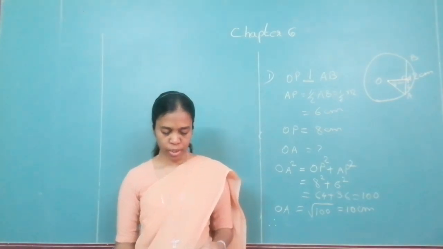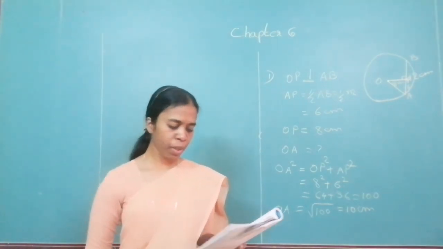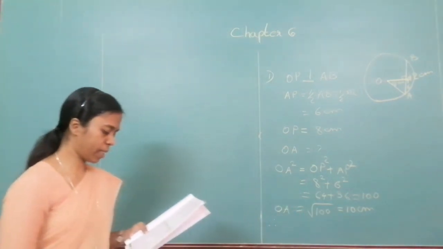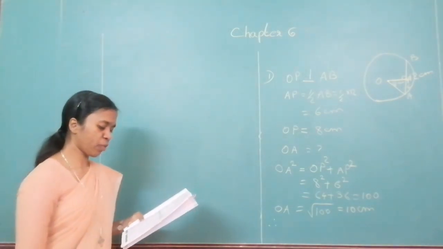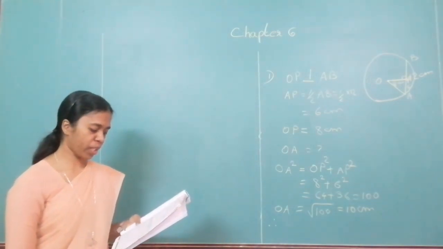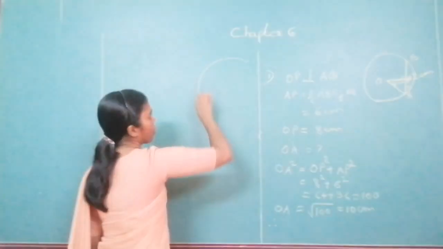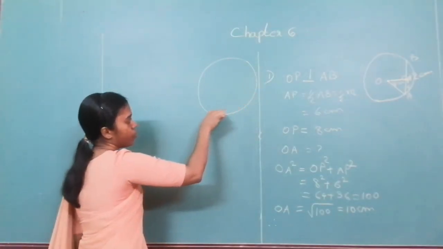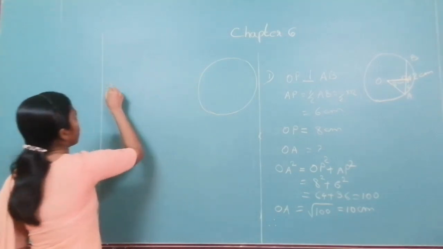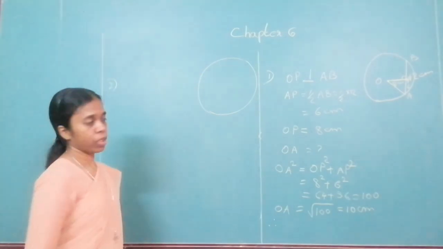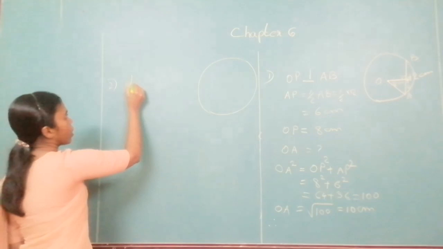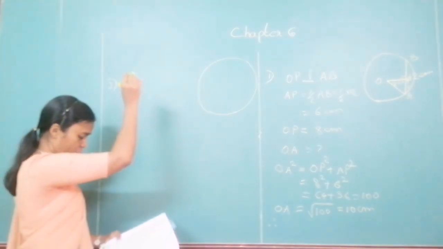Okay. Second one, diameter of a circle is 26 centimeter. Length of the chord is 24. Find the distance of the chord from the center. You have again a circle. Okay. You are given the diameter. How much is it given to you?